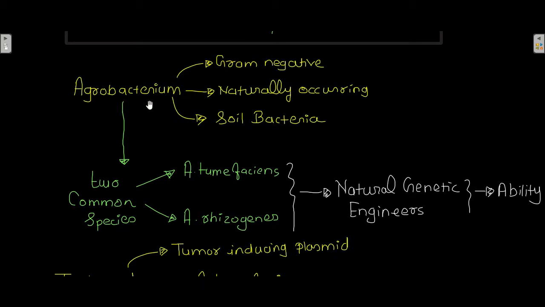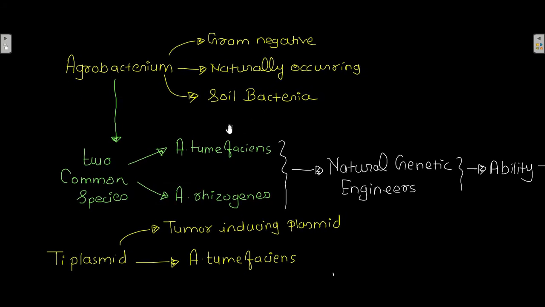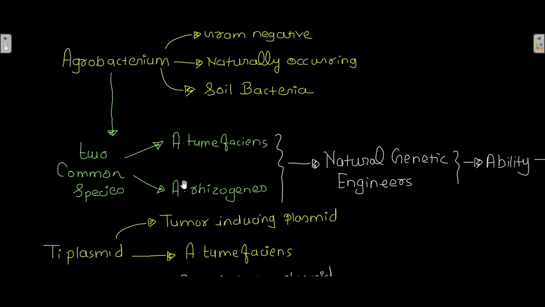Agrobacterium is a naturally occurring gram-negative soil bacteria, and it has two common species. The first one is Agrobacterium tumefaciens and the second one is Agrobacterium rhizogenes.